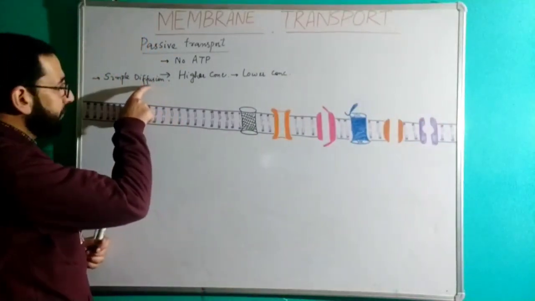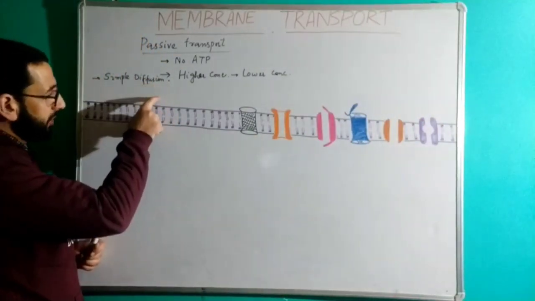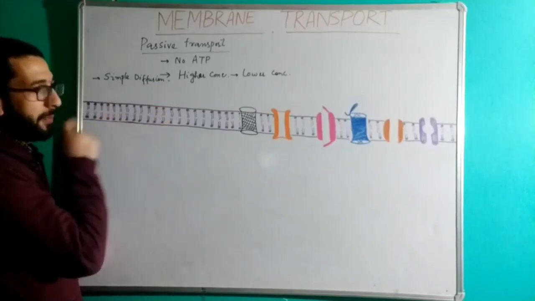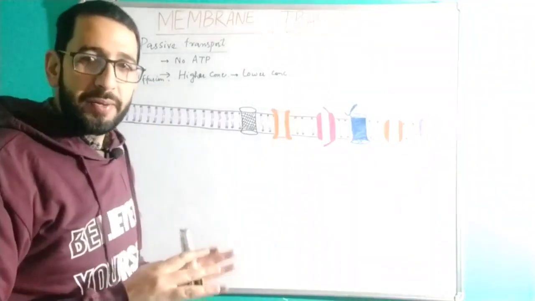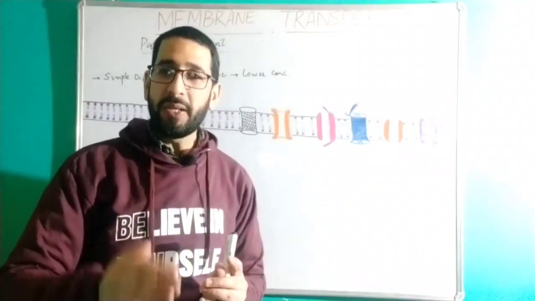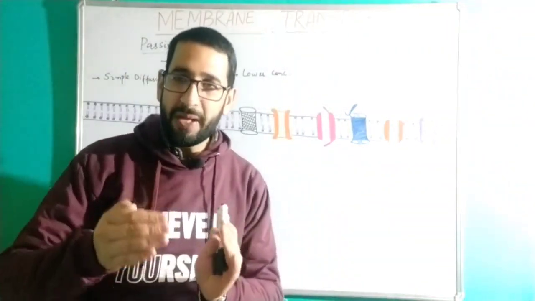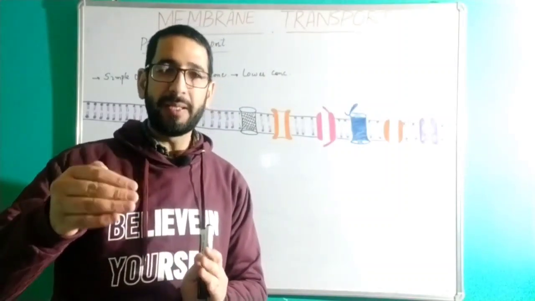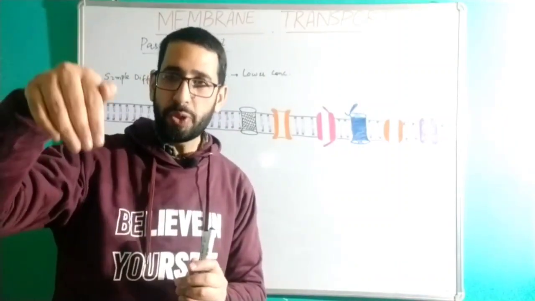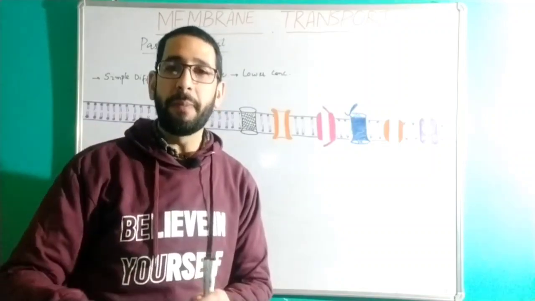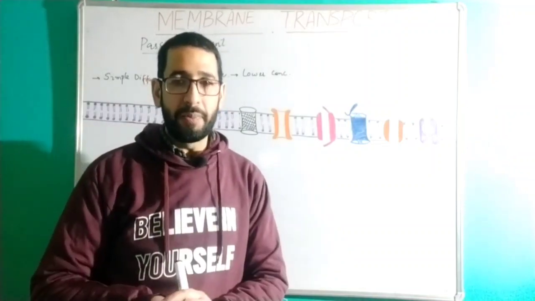So simple diffusion is the diffusion through this phospholipid bilayer, when we do not need any protein for the transport of substances. When we are moving substances, the substance simply gets diffused through the phospholipid bilayer. That is called simple diffusion.